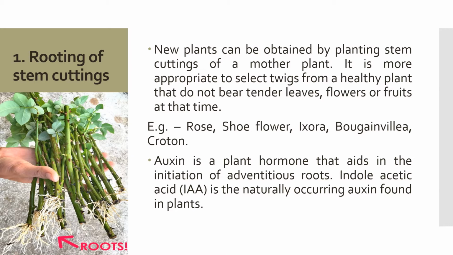You can take artificial auxin, or chemicals that include auxin, from a shop and apply it at the place where you put the cut and grow the plant. Then you can speed up the appearance of adventitious roots from this stem cutting.